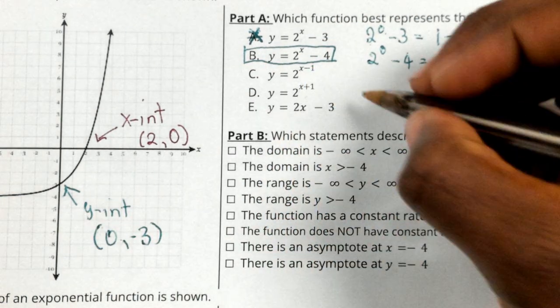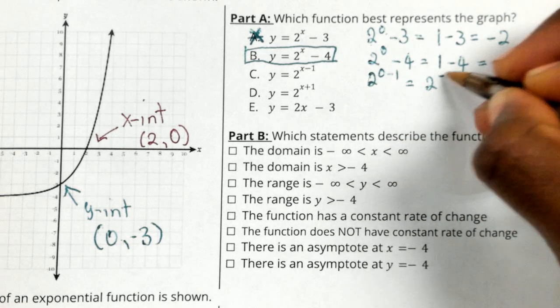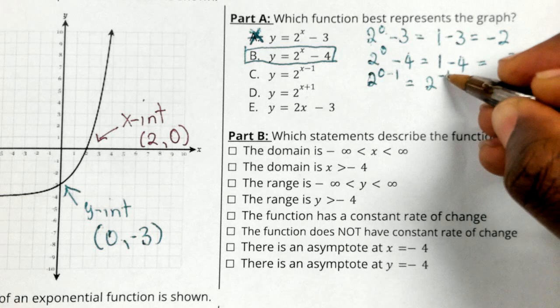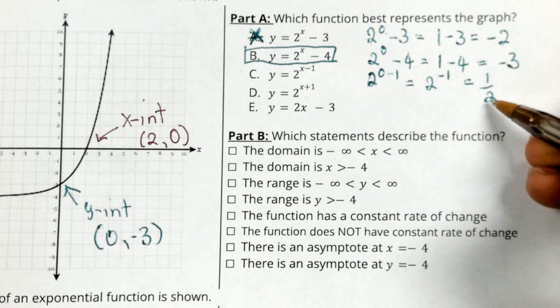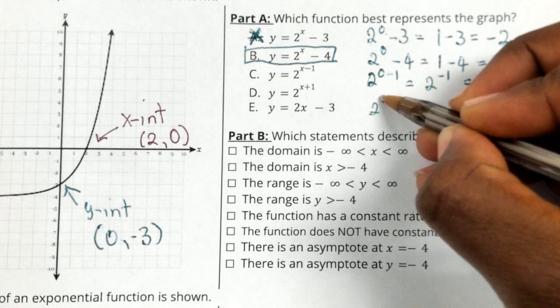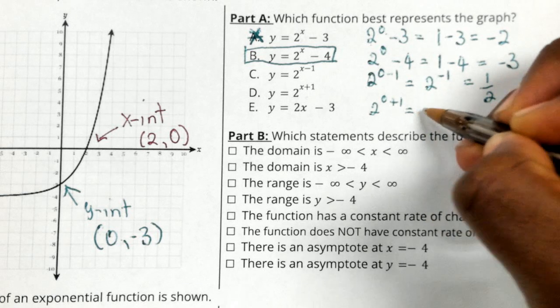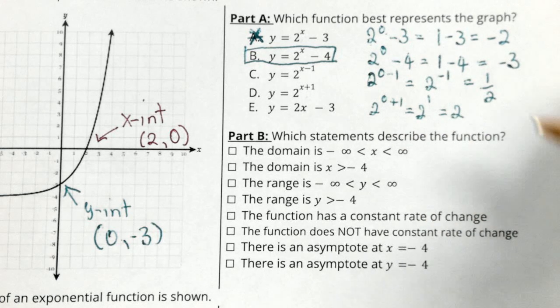All the other ones would be incorrect because 2 to the 0 minus 1 will give me 2 to the -1, and anything to the -1 power you write as a fraction, so that would be 1 over 2. This would also be incorrect because you'd be doing 0 plus 1, which is 1, and 2 to the first power is just 2.